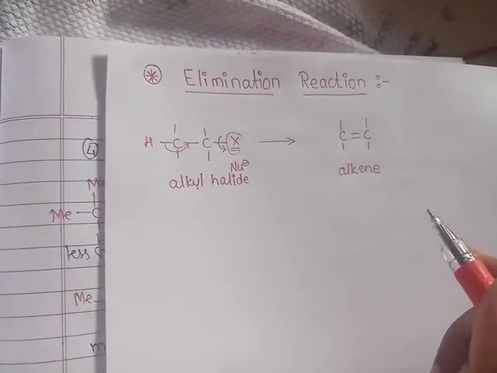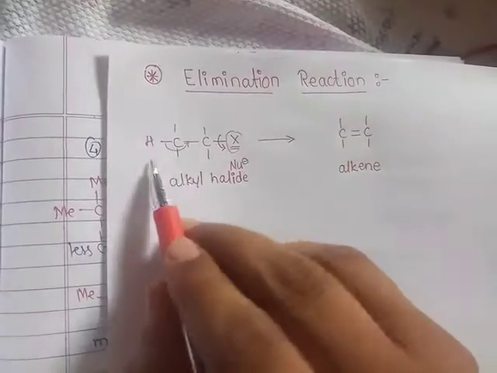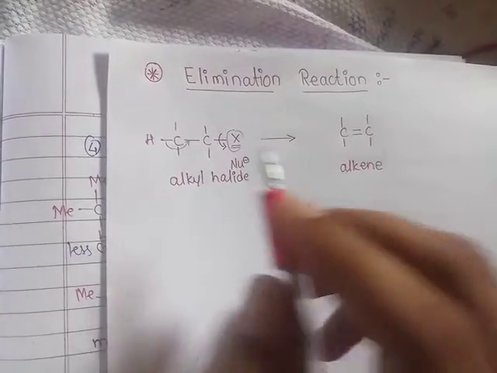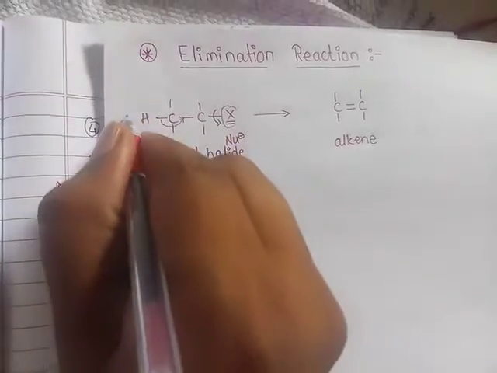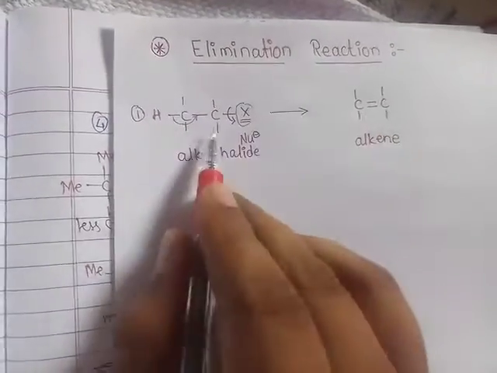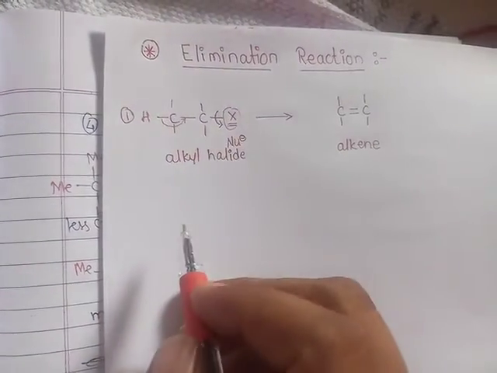This is one, when the alkyl halide is single bonded, that is carbon single bond carbon having a halogen atom.